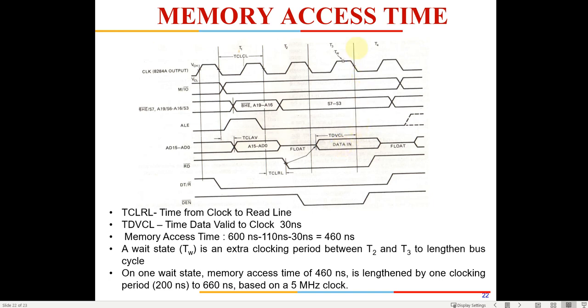Before the microprocessor is able to read the information, the data should be stabilized a few nanoseconds before. Otherwise, if this is the cycle at which the data is going to be captured by the microprocessor, you can't have data changing just one or two nanoseconds before.